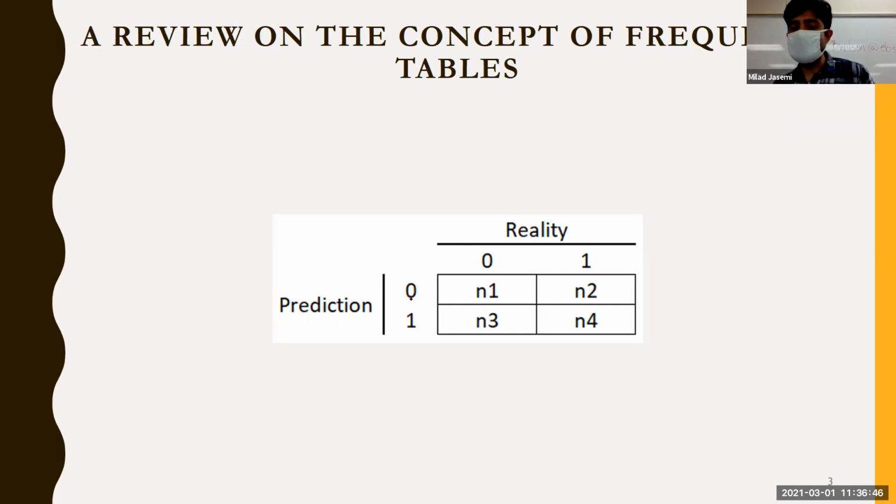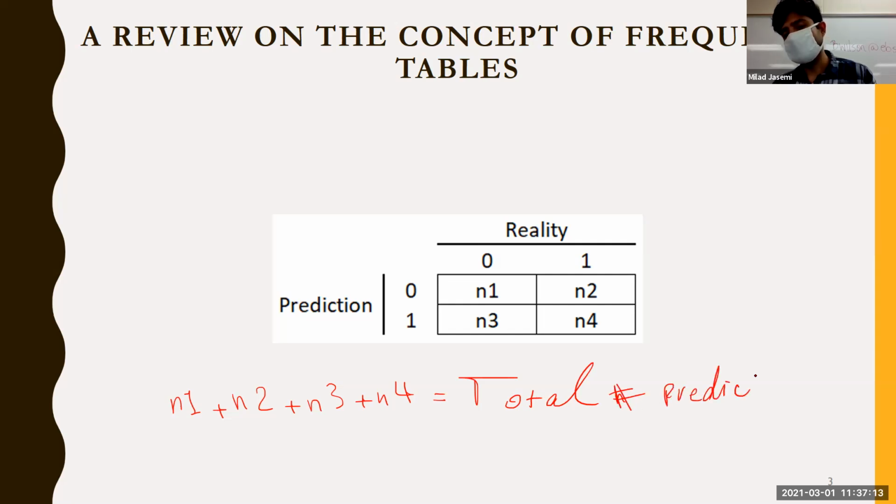The predictions are to predict something as 0 or 1, and reality is also either 0 or 1. What is N1? What is N1 plus N2 plus N3 plus N4? It's the total number of predictions.